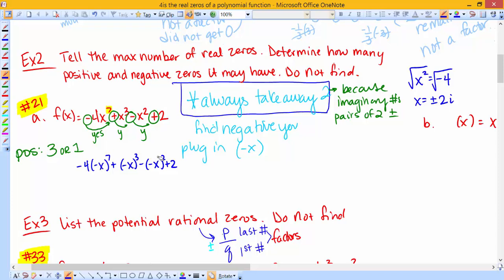If you have an even exponent, it is going to become positive. So this would be negative 4 times negative x to the 7th plus negative x cubed minus x squared. So I did the exponent first. Now I'm just going to multiply through. A negative times a negative will equal a positive. This stays negative, so it becomes negative, negative, positive.